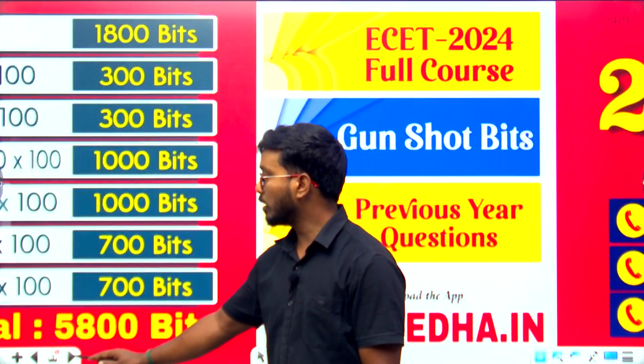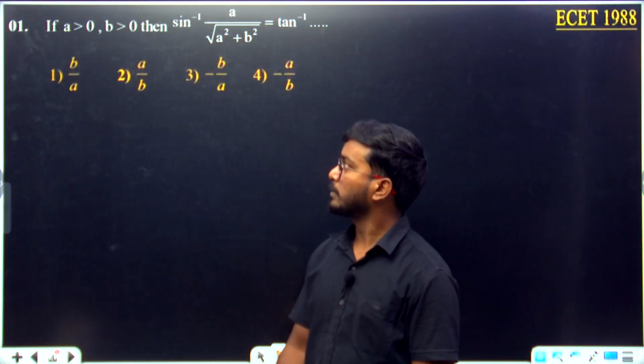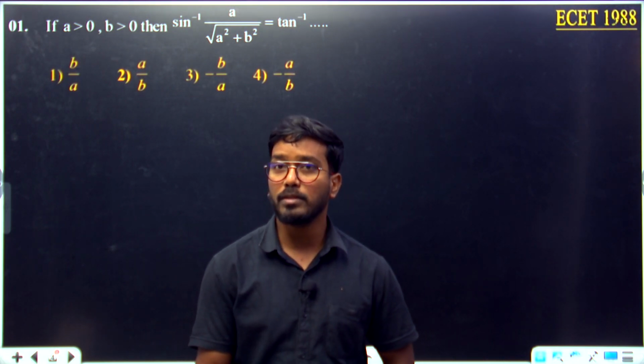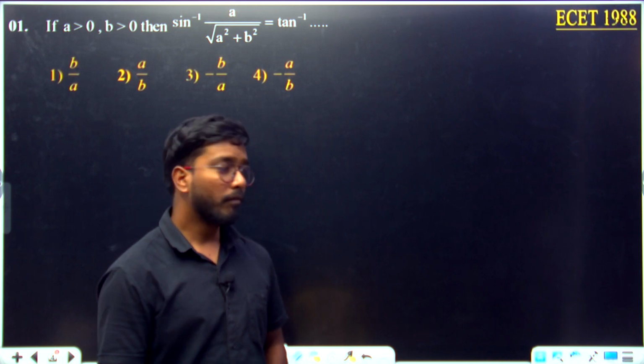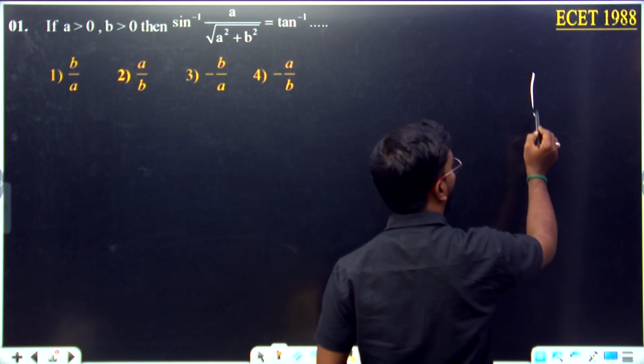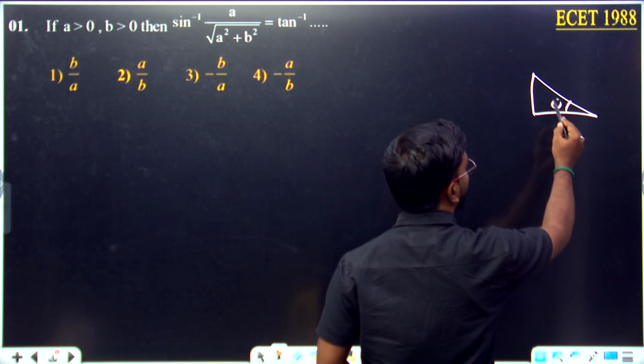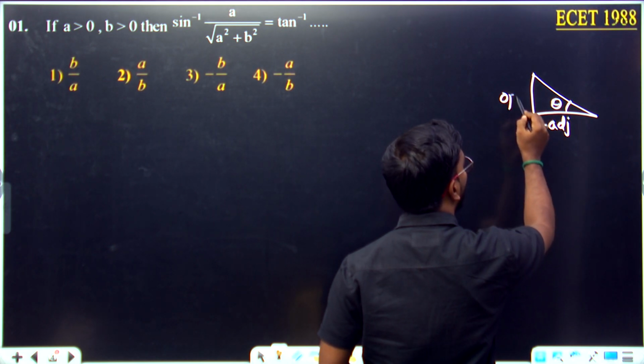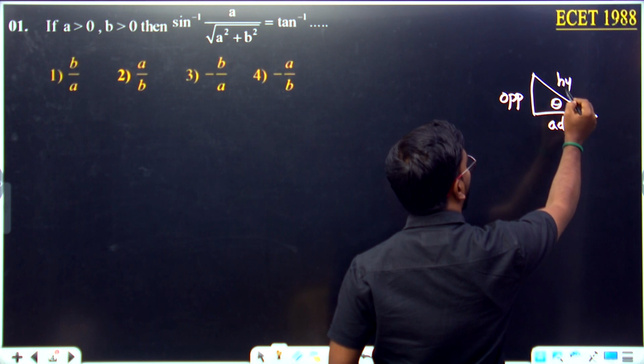Okay, moving on to the next topic. Okay, see here, this entire concept will be based on one form that is called the triangle form. We know that a triangle has three sides. This is theta, this side is called the adjacent, this side is called the opposite, and this side is called the hypotenuse.